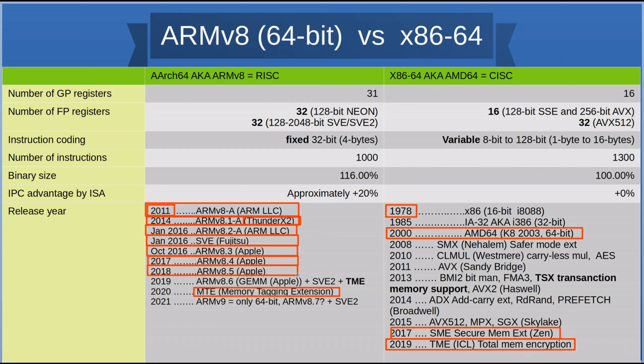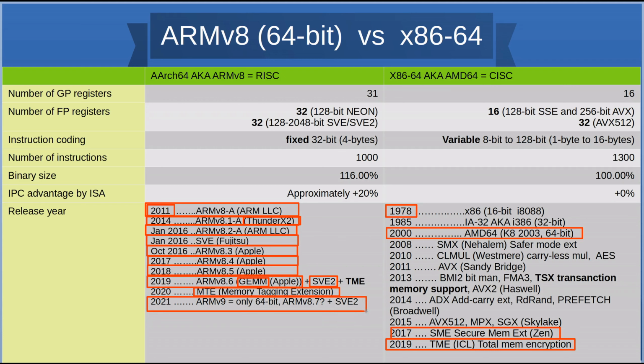8.5 also is using Apple, and 8.6 is also Apple, which has a general matrix multiplication in the basic instruction set. This is a huge thing. Plus SVE2, which is kind of removing NEON. And the huge thing is also ARMv9.